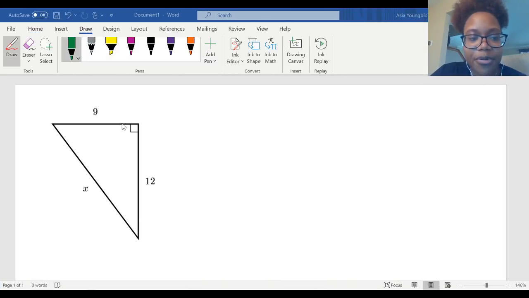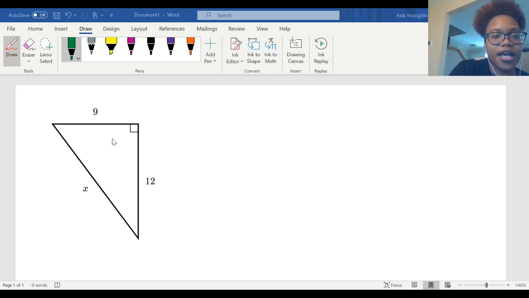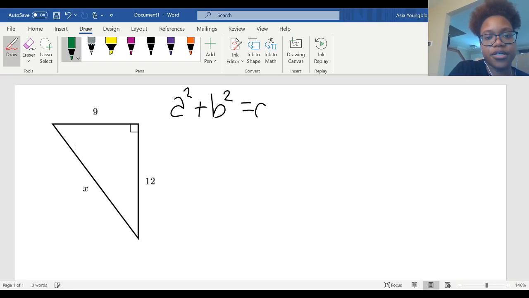So for the first problem in my problem set, I've gone ahead and pasted it over here. Again, we're using the Pythagorean Theorem. So remember, the Pythagorean Theorem is that formula we learned when we were talking about the distance formula. The formula is a squared plus b squared equals c squared.